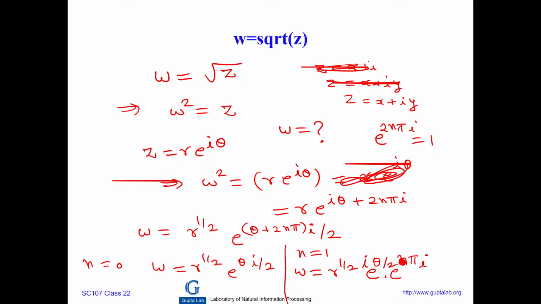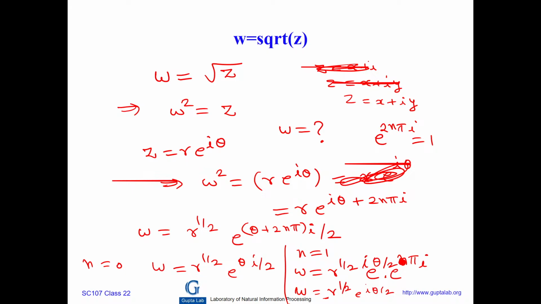So this is r raised to power half minus r raised to power half e raised to power i theta by 2, correct? So one value is positive, another value is negative, right? So there are two values, right? If you take further n, what will happen?